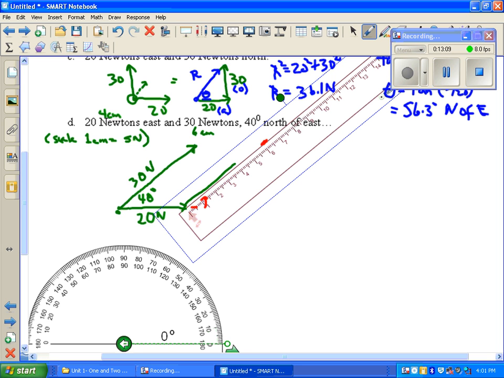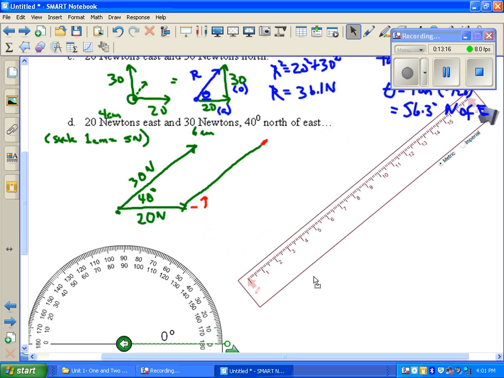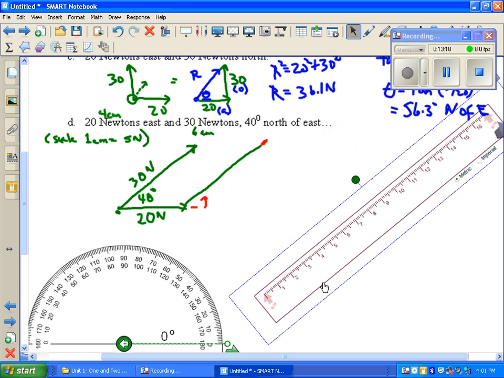So 6 centimeters along that line is going to take me to right about there. Get the ruler out of the way for a minute. And then I'm going to put an arrow on that. That's the vector. So there's my 30 newtons. I'll label that. And then my 40 degrees down here, I'll label that as well.